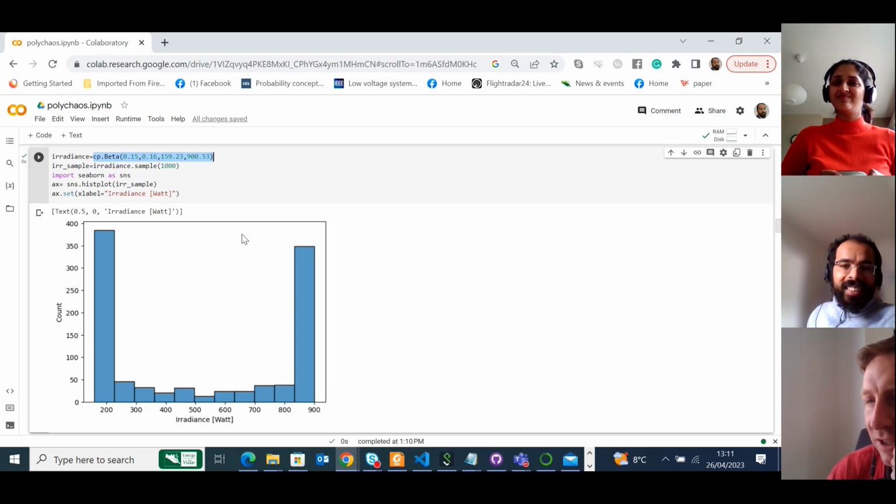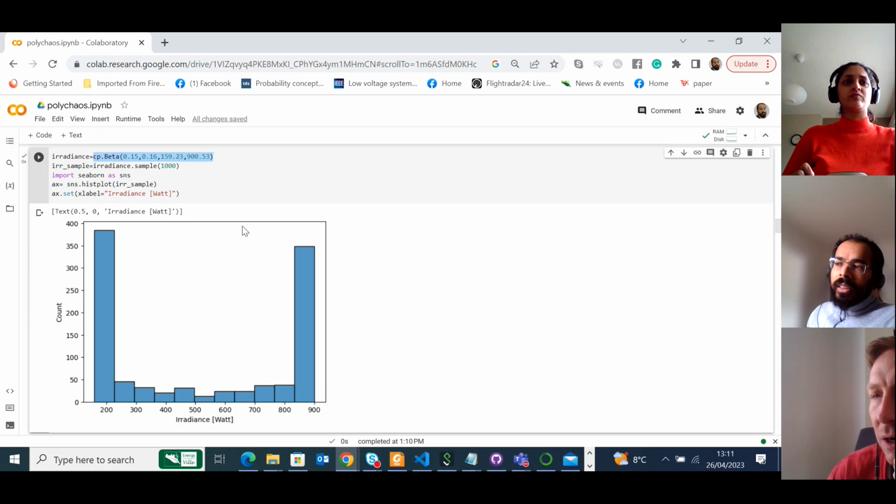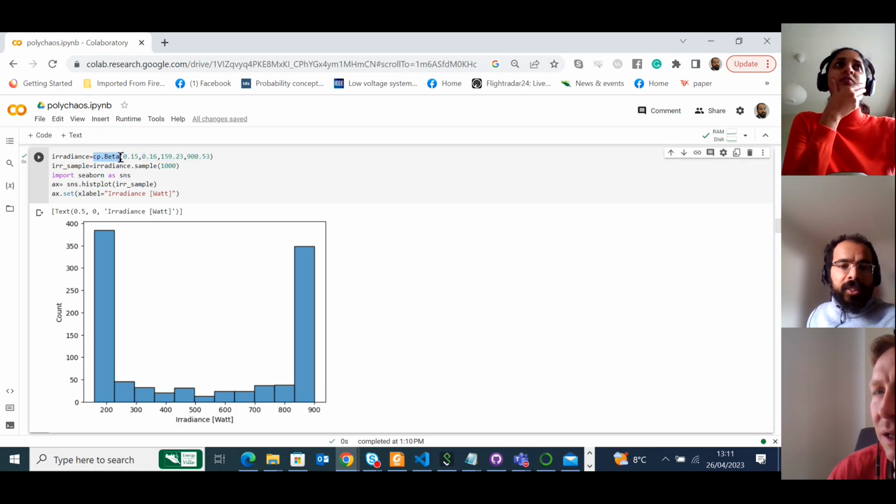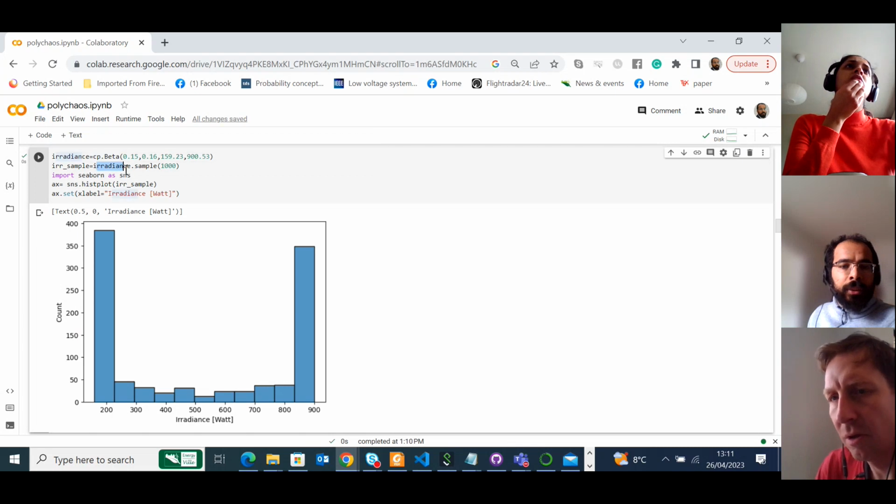But the package, like the CP, that is just a library. It hasn't done anything except just defining the distribution. So cp.beta defines the beta distribution, and here we sample that beta distribution. That's it.